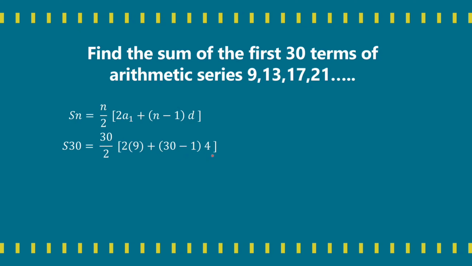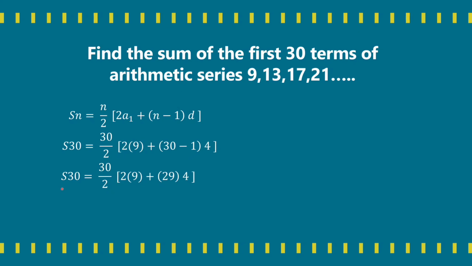How did we come up with 4? Because 13 minus 9 is equal to 4. So 4 is our common difference. The next thing to do is to subtract 30 minus 1. It becomes 29.